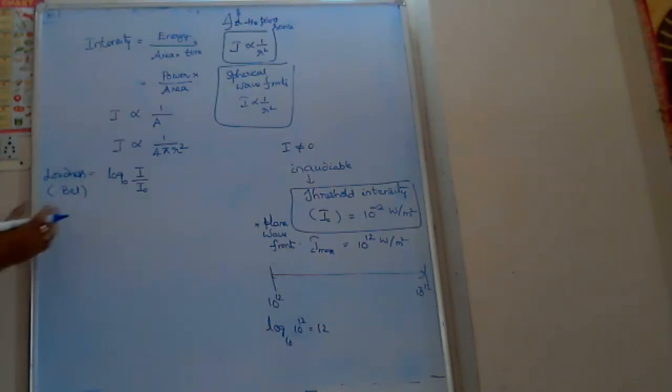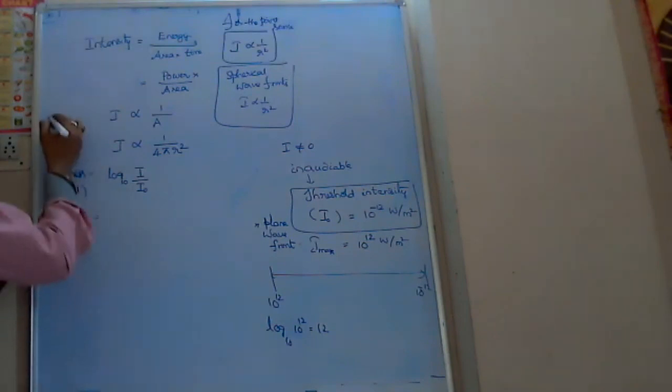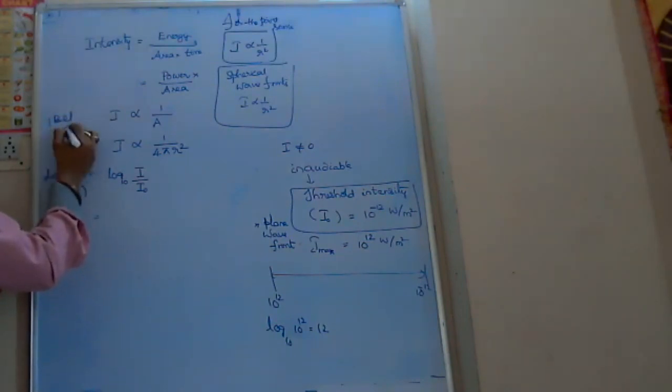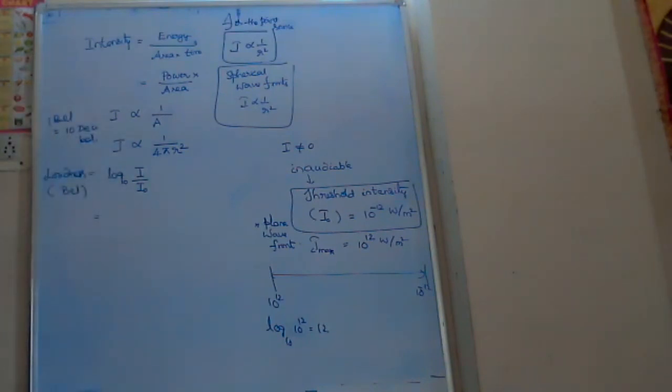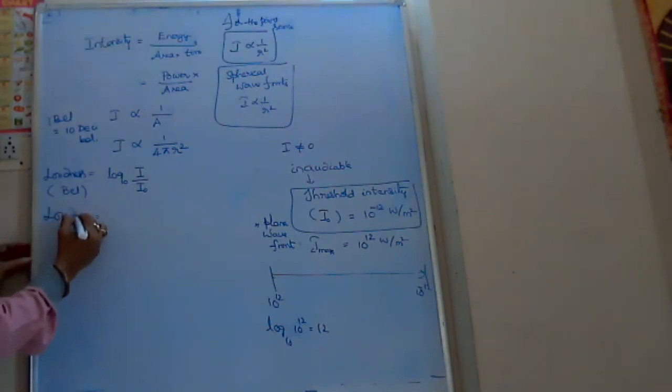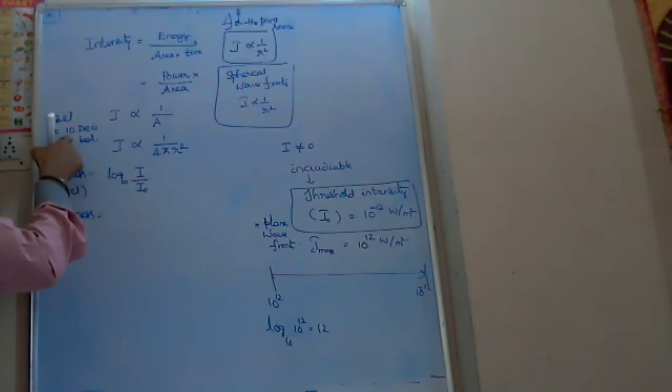But if you measure in Bell, that value becomes very small. That's why later they changed the unit. Instead of Bell, measure in decibels. 1 Bell is equal to 10 decibels. So if I measure the same loudness in decibels, I have to multiply by 10.